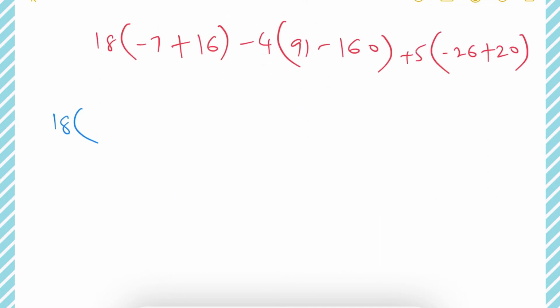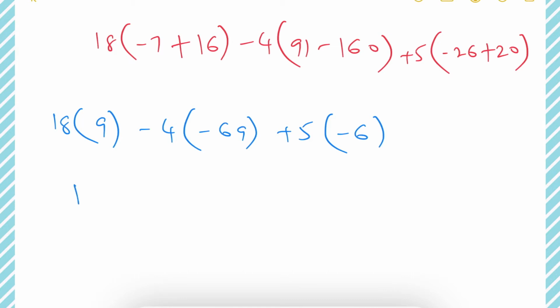18 into minus 7 plus 16, it is 9, minus 4 into 91 minus 160, it is minus 69, plus 5 into minus 26 plus 20, minus 6. Next line, 18 into 9, 162, minus into minus, plus 4 into 69, 4 9 36, 3 carry, 4 6 276.